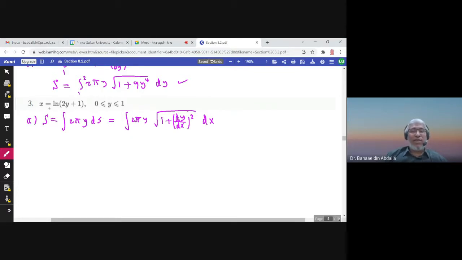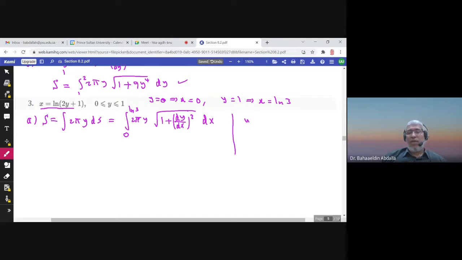So again, this is the relation between x and y. If y is 0, then x is ln of 0 plus 1, ln 1, that's 0. If y is 1, 2 plus 1 is 3, then x is ln 3. So the integral would be from 0 to ln 3.